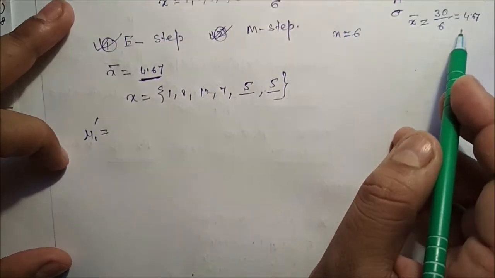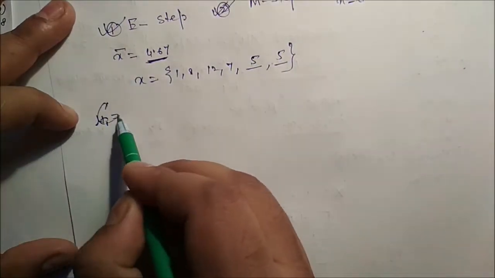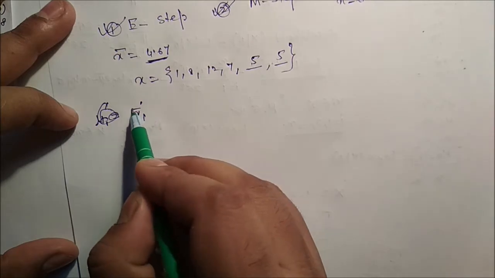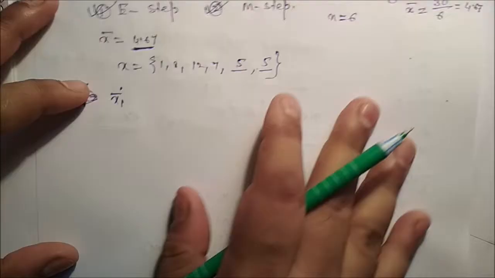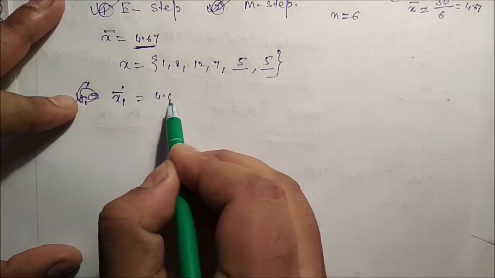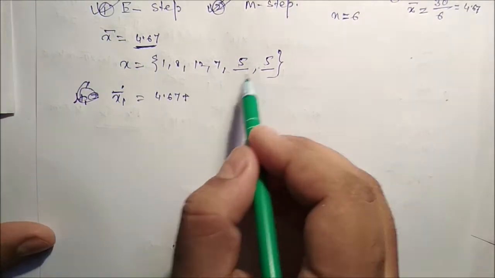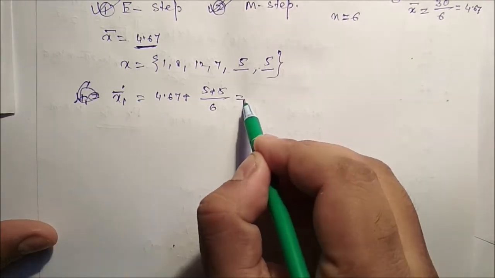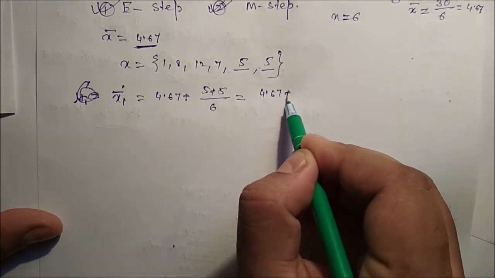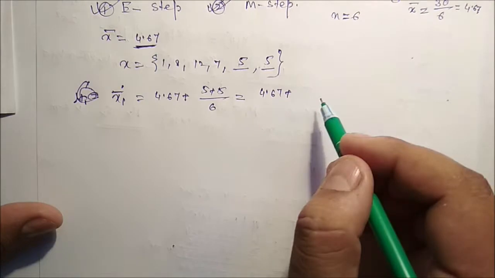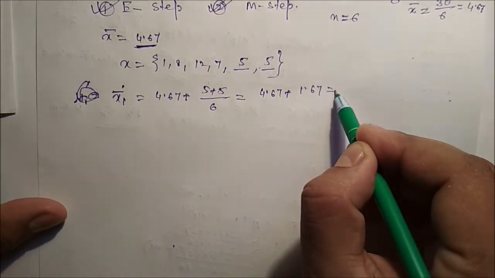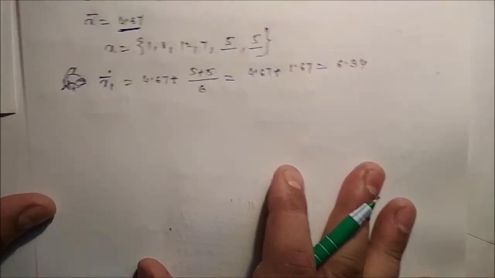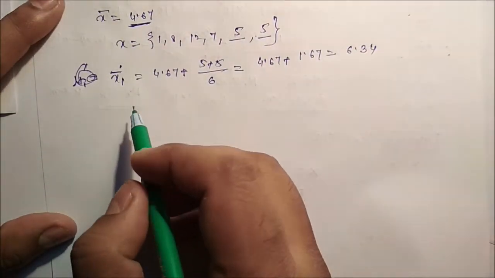The actual mean is 4.67, so we write x1 bar, 4.67 plus 5 plus 5 divided by the total number of data, 6. If you calculate this, 10 by 6 is 1.67, so the addition is 6.34. Now iteratively, we have to identify the data.